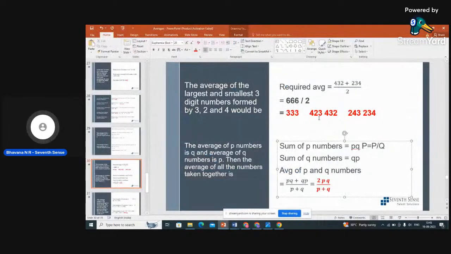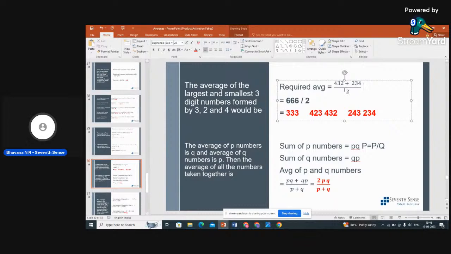Why do we divide by 2? We have one sum here and another sum there. We are adding 2 values, so the number of observations will be 2. That's why we are dividing by 2. Suppose we had another set of numbers, we would divide by 3.